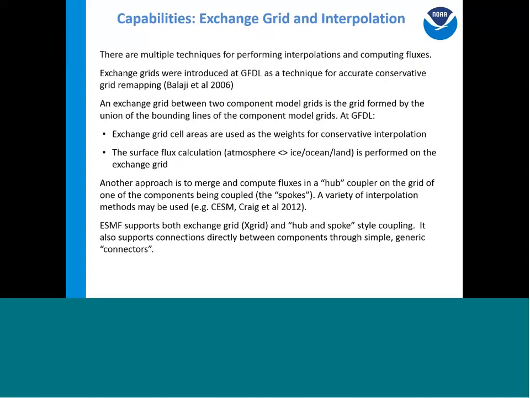An exchange grid between two component model grids is the grid formed by the union of the bounding lines of the component model grids. At GFDL, the exchange grid cell areas are used as the weights for conservative interpolation, and the surface flux calculation is performed on the exchange grid.